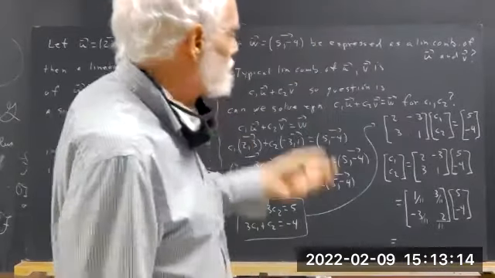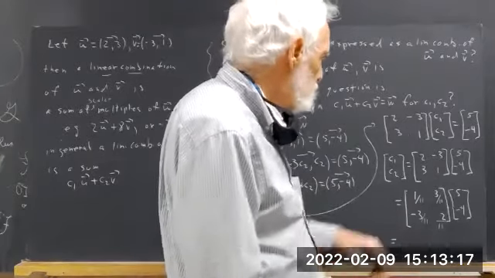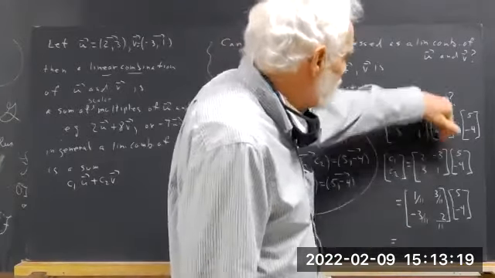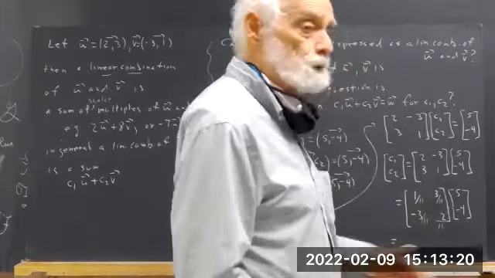Okay, now let me just double check, make sure I did the determinant correctly. It's 2 minus negative 9, which is 2 plus 9, which is 11. So I'm dividing correctly, okay?